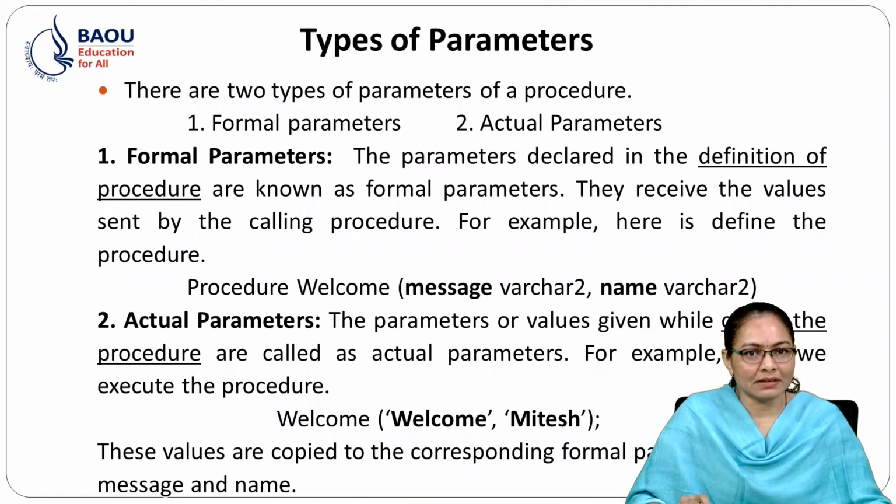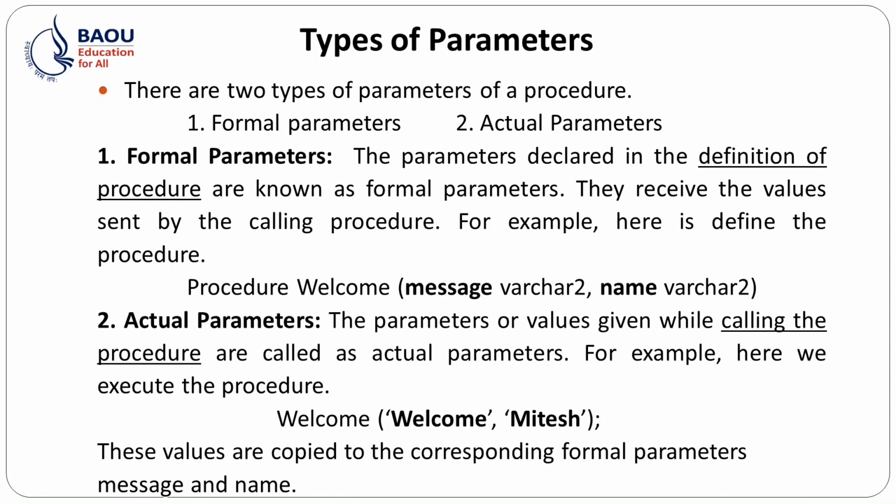Now the next is the actual parameter. The parameters or the values given while calling the procedure are called the actual parameters. For example, here we execute the procedure welcome and then give the parameter values. The actual parameter is used when we call the procedure. Here is the definition part, defining the procedure, and here is the call of the procedure.